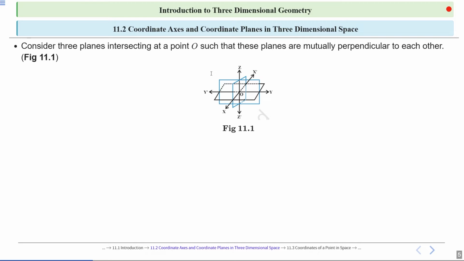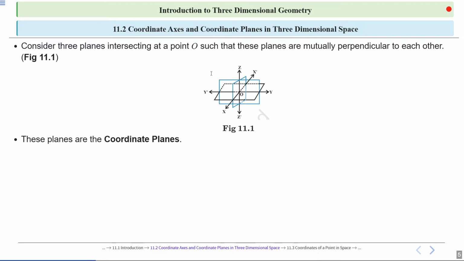Here we consider three planes intersecting at a point O such that these planes are mutually perpendicular to each other, and this is shown in figure 11.1. Very carefully look at figure 11.1, and try to understand how these three planes intersect at a point O, and then how we can find the position of a point in this space.